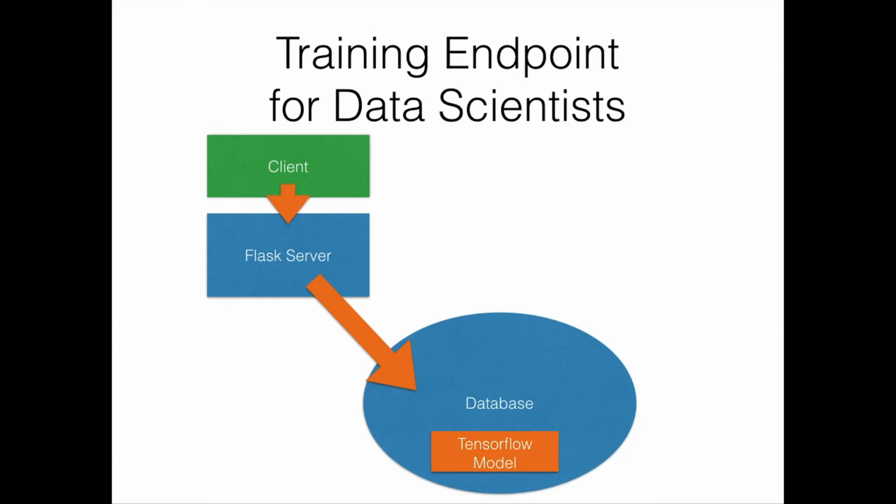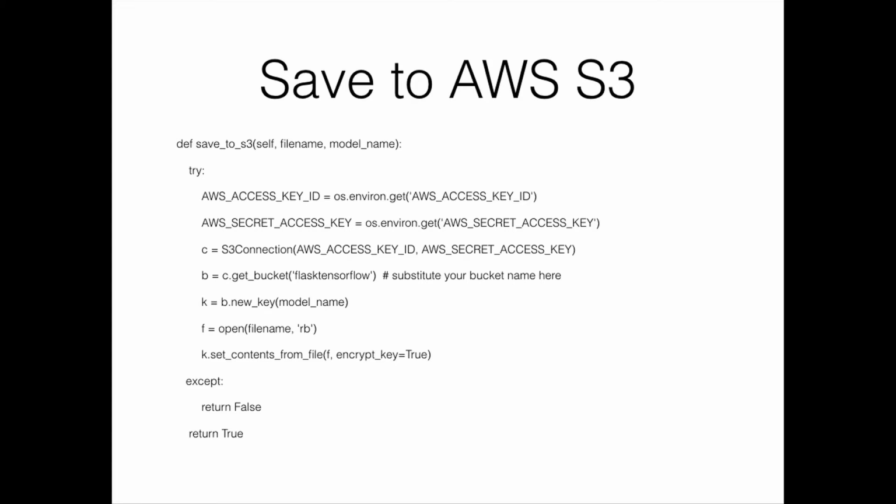Here is our saving to AWS S3 method. Basically, we want to take the TensorFlow model, which we generated previously during the train method. We have a local file with the saved model, and a model name, which corresponds to the name of the file we want to save in S3. The first thing we do is set up AWS S3. We have to have the access key and secret key and create this S3 connection.